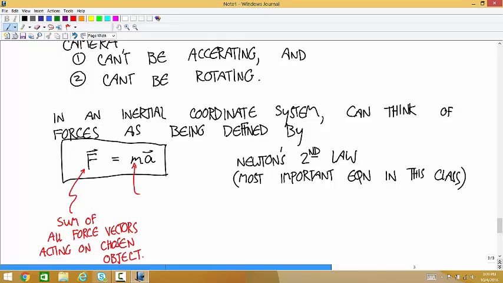This m is the mass of the chosen object. And a is the acceleration of the chosen object.